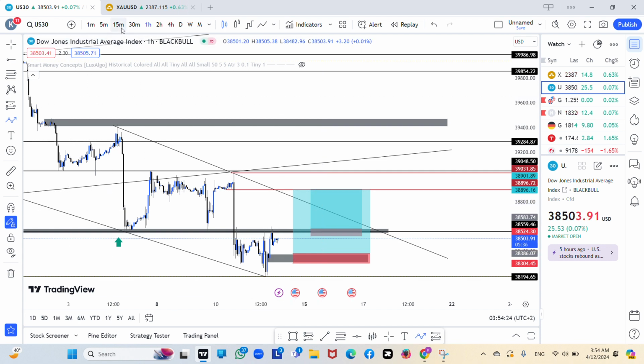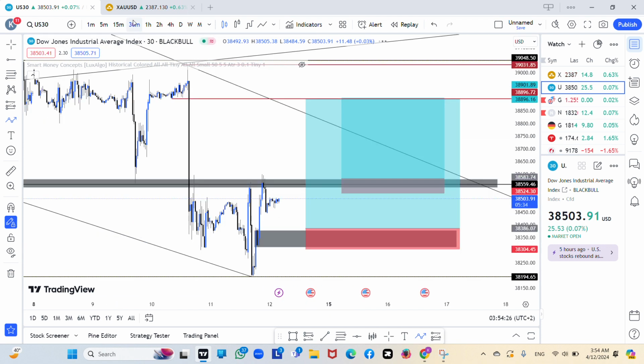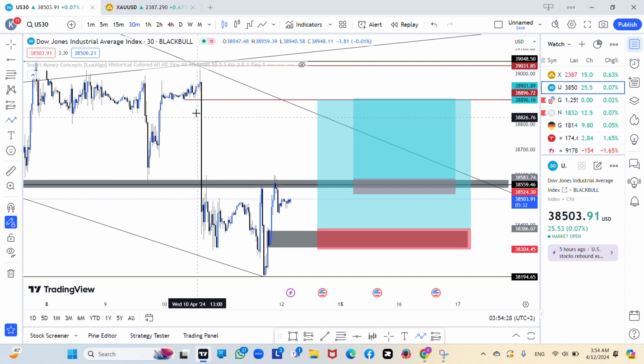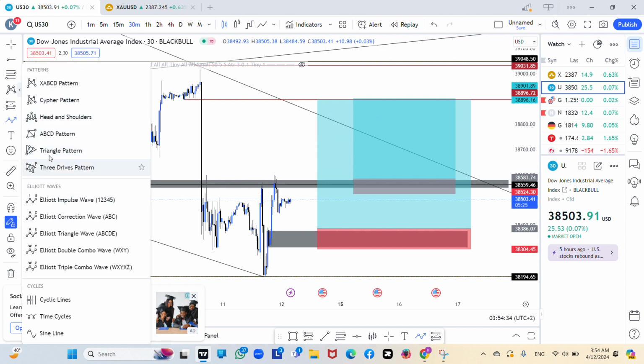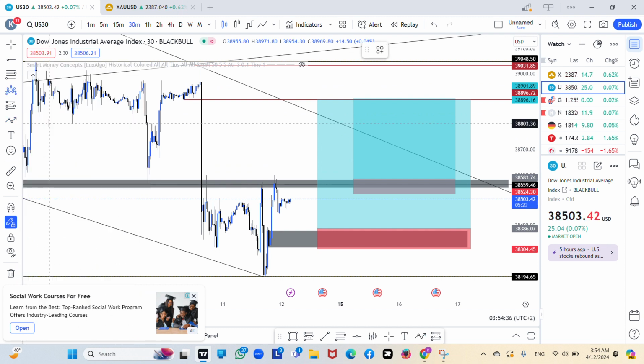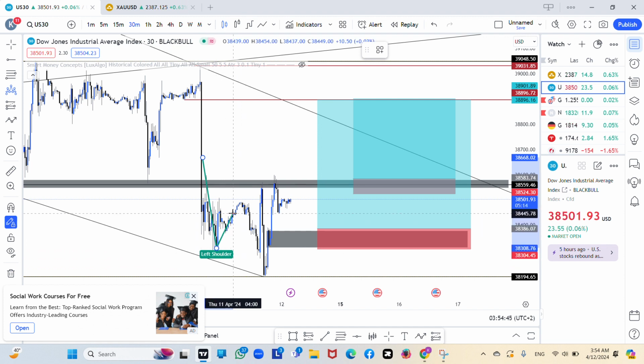Let's go to the 30 minute time frame just to look for some confluences and confirmations. Here we might be on a build up for head and shoulders, guys. If you see that, that might be our left shoulder, right?